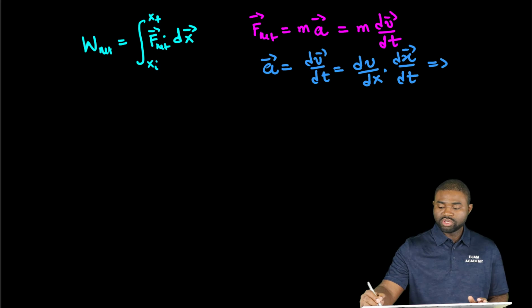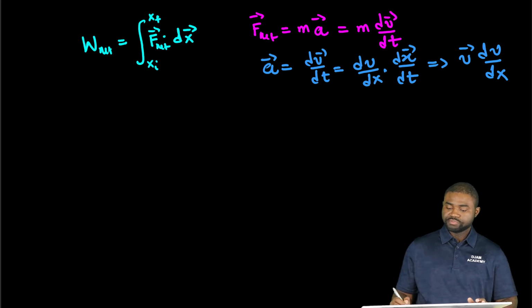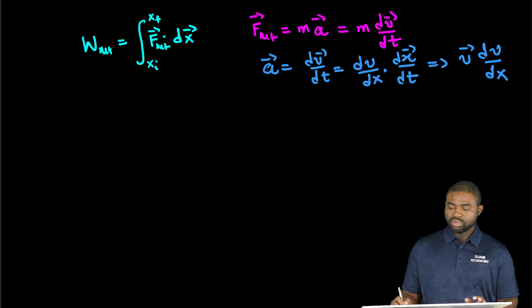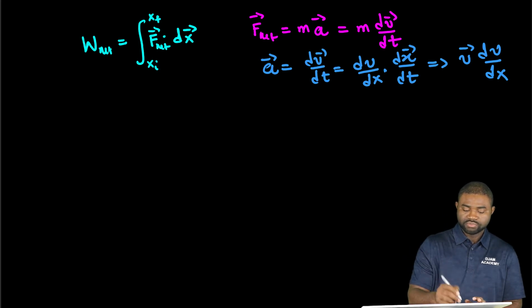This is going to be equal to v dv all divided by dx. That is another way of expressing the acceleration of the system.